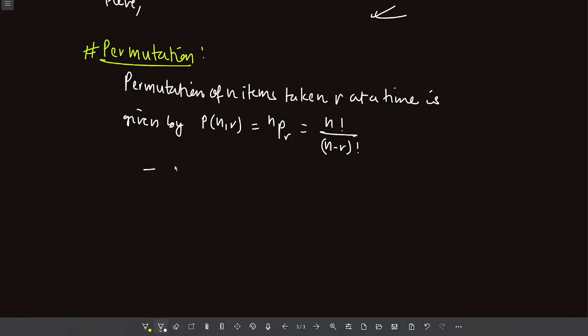Whenever there is arrangement of numbers, whenever there is arrangement of letters, because in all these cases the order is important, order matters. So these are the cases where we apply permutation.